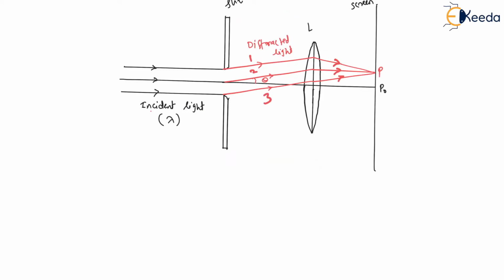Here let the width of this slit be small a. Small a is the width of the slit, and lambda is the wavelength of the monochromatic light. So now we will find out the path difference.